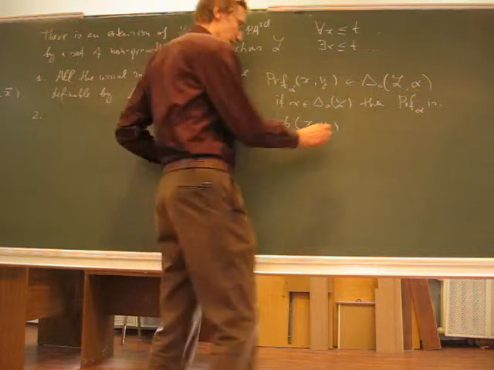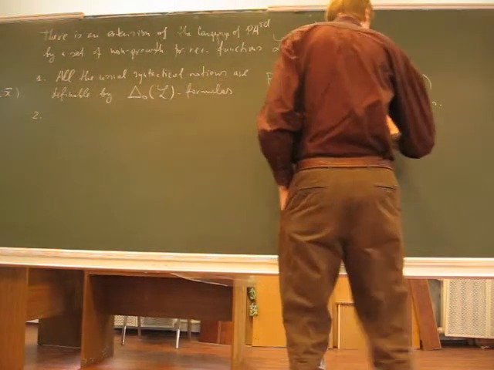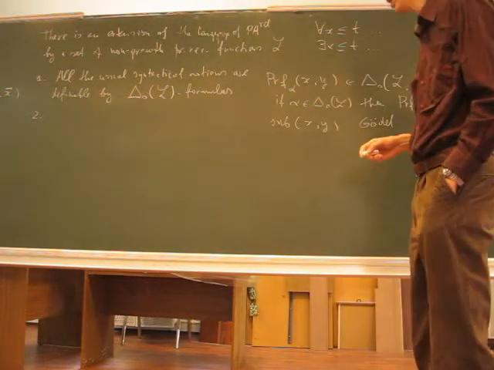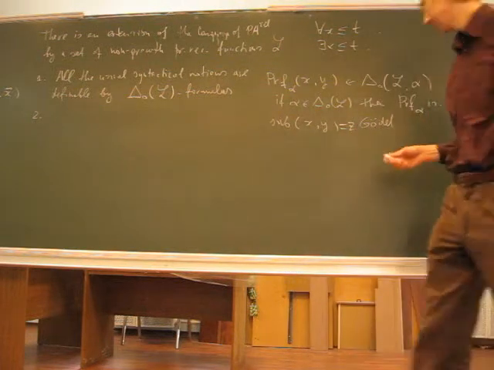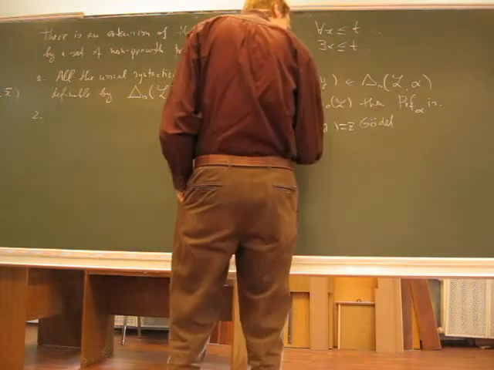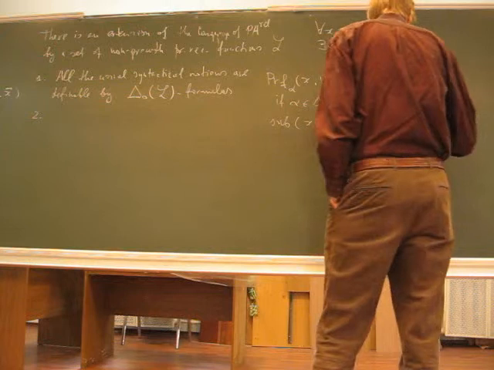But it's a function or predicate? It's a function, but we want it to be a predicate that this is a delta 0. That's true. So, Gödel substitution.